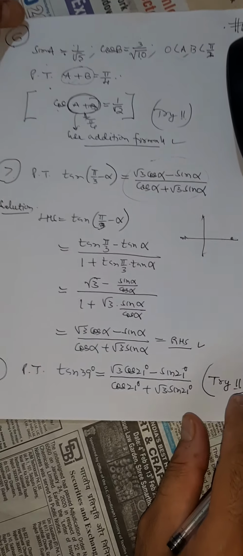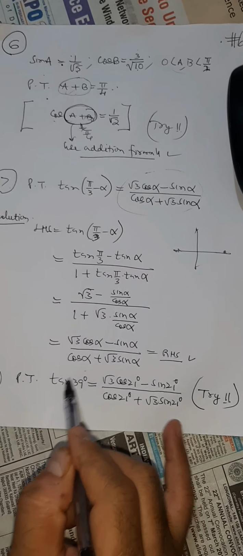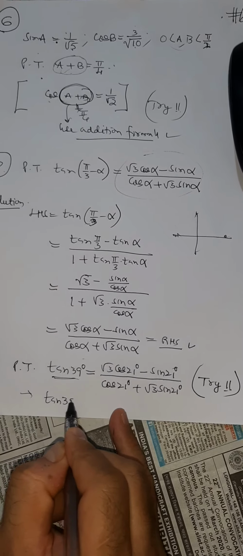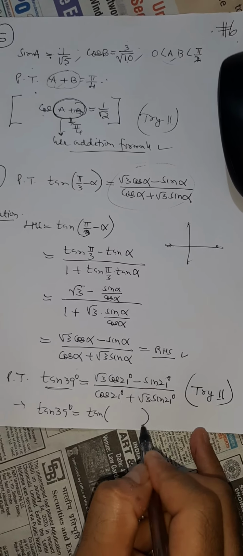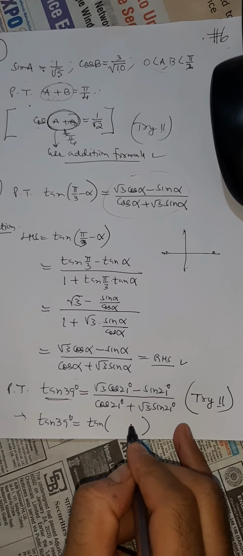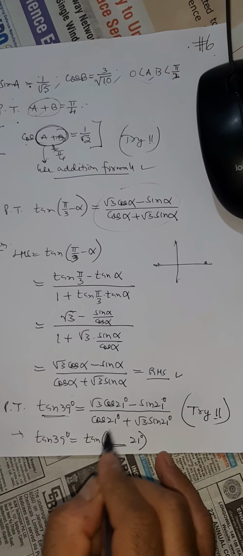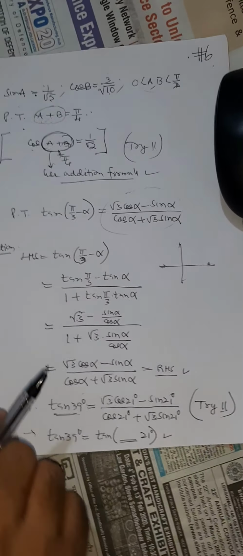How will we do this? Here you start with tan 39 degrees; you try to express it in the form of, on the right hand side you want 21, so I'll put 21. Now you think what should be placed here, and then use the addition formula, so we'll get the RHS.